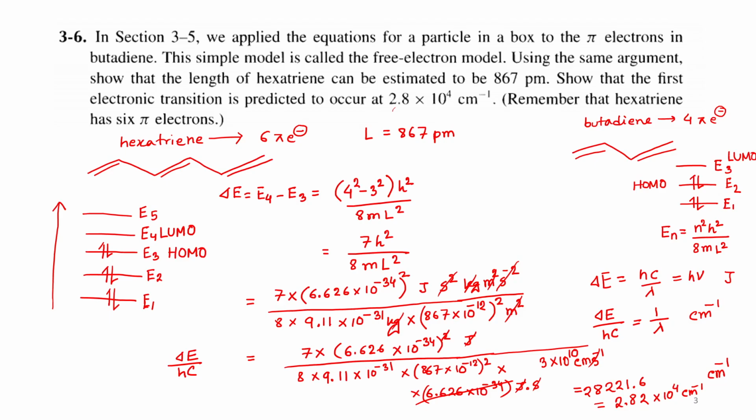Maybe only the system is given. Suppose hexatriene. Because it is a chemistry course, the professor can think that you know the structure. Maybe the structure will be given, not only the hexatriene name. If the structure is given, will you be able to solve this kind of problem?